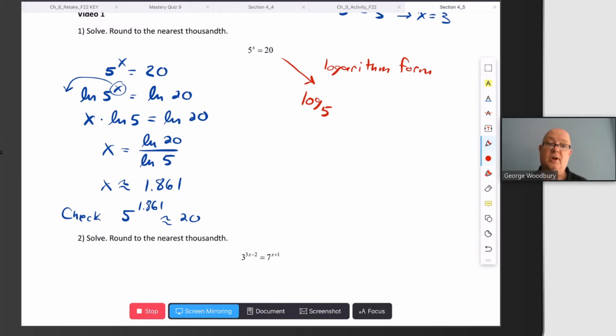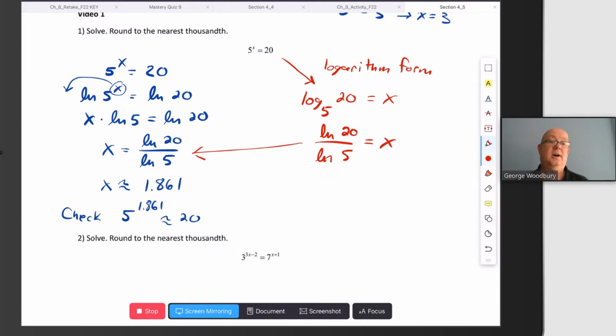The argument is on the other side of this equation, 20 equals x. So we're kind of in a weird spot here because I don't know how to do log base 5 of 20, because I didn't know how to do 5 to what power is 20. However, we can use that change of base formula that we learned about and rewrite this as natural log of 20 divided by natural log of 5, which is what we had over here.